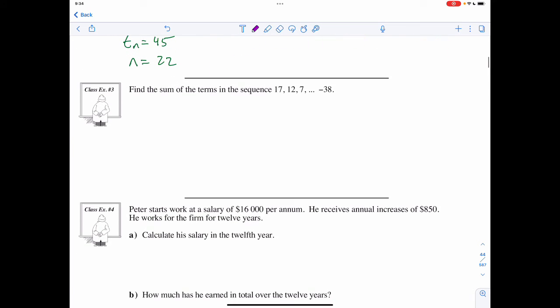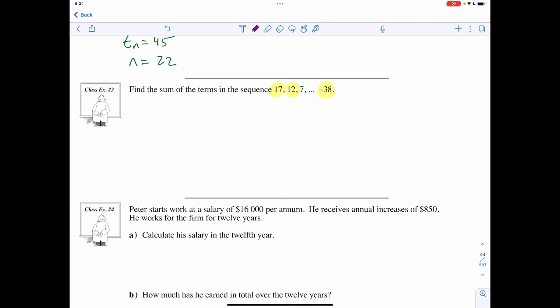Now, one of the things that is common in both of our arithmetic series formulas is in both cases, it does require that we know n, or we know how many terms are in there. So if I'm given something like this, where it gives me t1, it gives me tn, I don't know how many terms are in here, but I do know what the common difference is, because it gives me enough terms to solve the common difference.